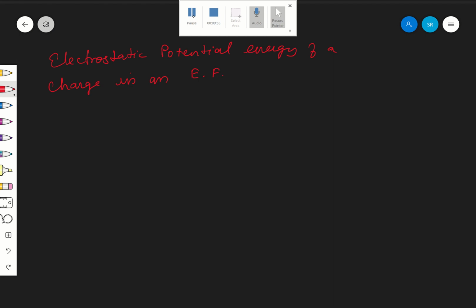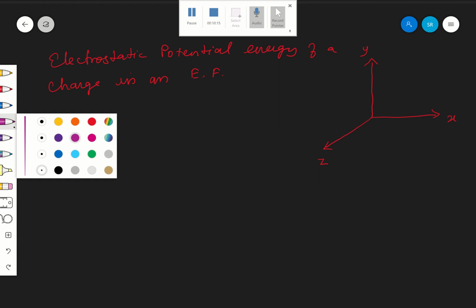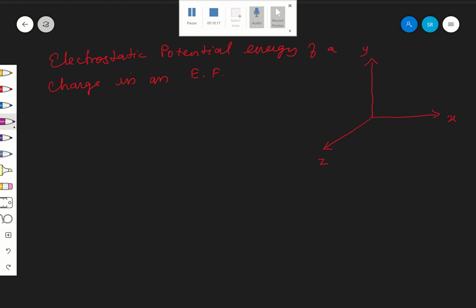Let me take the coordinates x, y and z. First, here at the origin O, I have the source charge plus q.